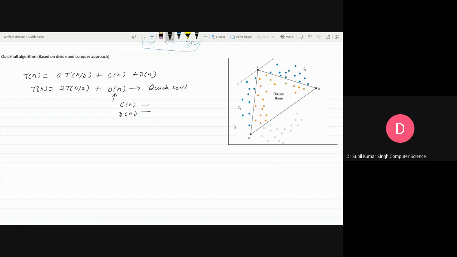So you can see in the diagram, it is indicated with the points A and B. So this one is indicated as having min x value, and this one is indicated as max x value.